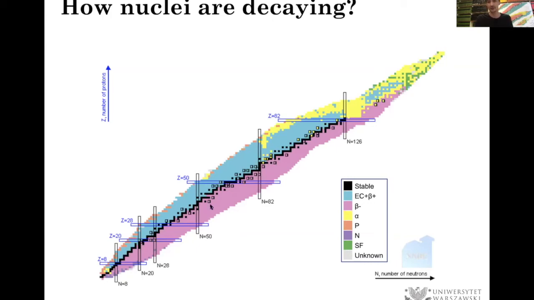And finally, if you focus more on the lighter nuclei, you will see that we have also another process, here in orange, the emission of a proton, or in magenta, the emission of neutrons. This corresponds, in fact, to a very important region of the chart and corresponds to the limit of existence of the nuclei.